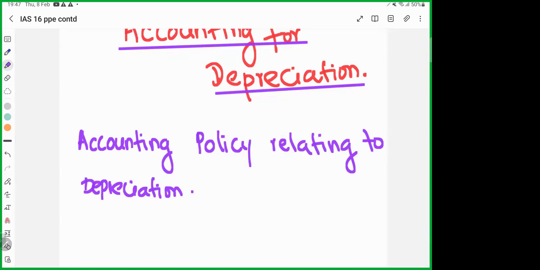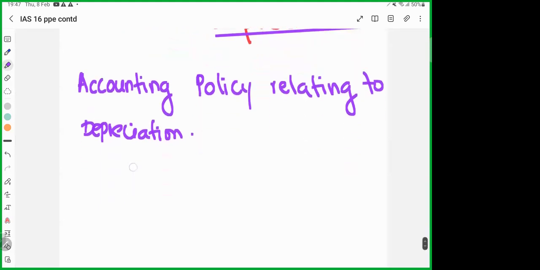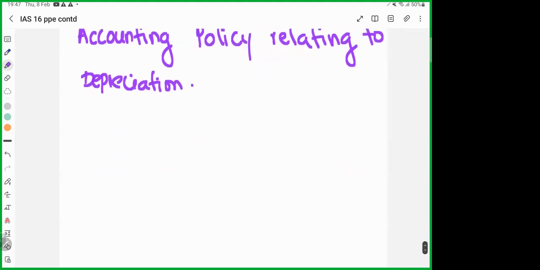I'm sure you all know this, but maybe you have not come across the wording I have written here. There are 3 different policies related to depreciation which different companies adopt.